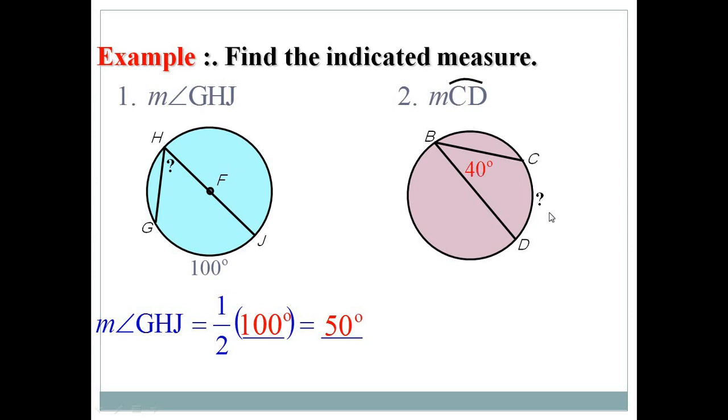So measure arc CD is equal to 2 times 40, which is 80. So if you want to find the inscribed angle itself, find it by using half the arc. But if you want to find the measure of the arc, it's double the inscribed angle.